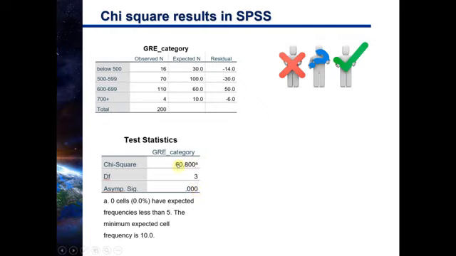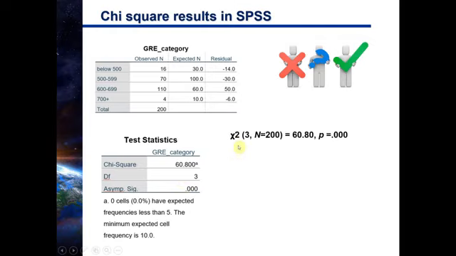This number, 60.80, is significant because this is less than 0.05. And I would have predicted that because, again, 60.80 is a huge number for chi-square or for any test statistic. It's a really, really big number. And remember, the larger the TS value, the more likely it is to be significant.